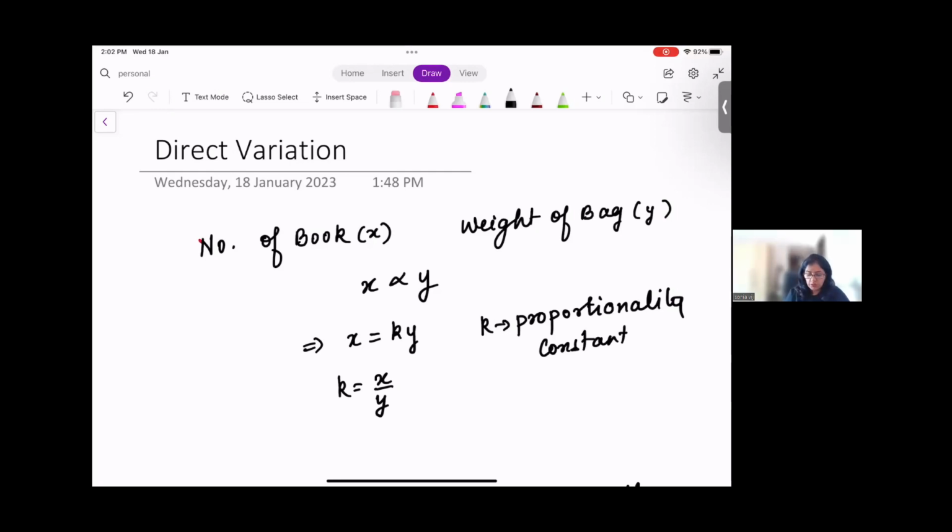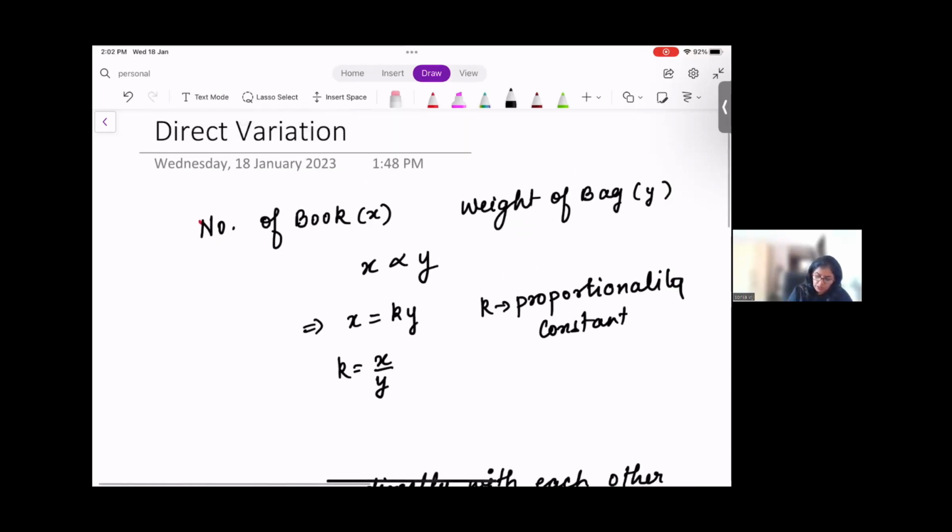Because K is a constant, so we can say X upon Y is equal to K, which implies the ratio of the two quantities remains constant.